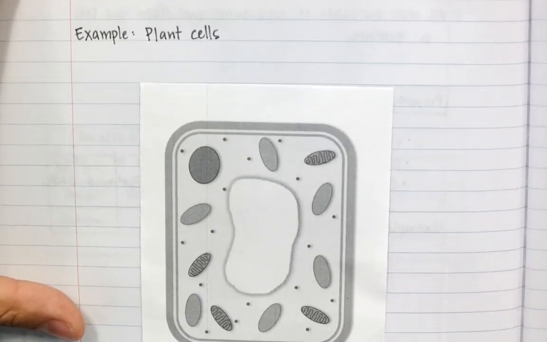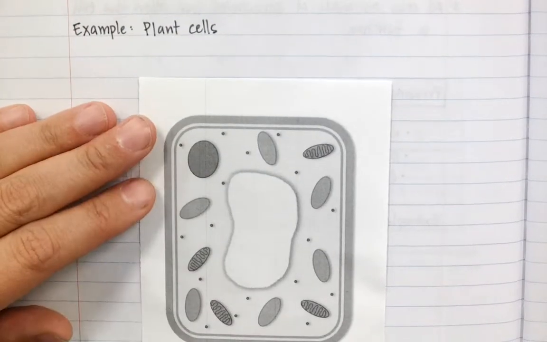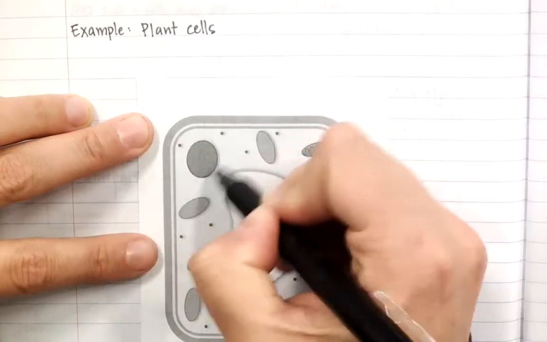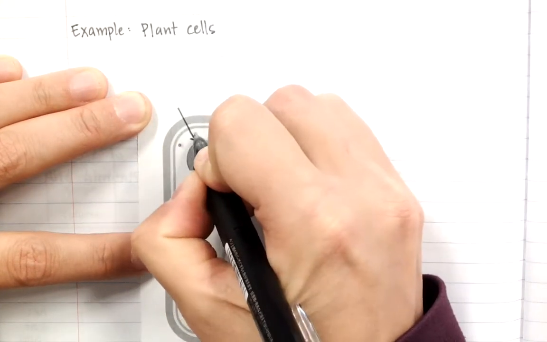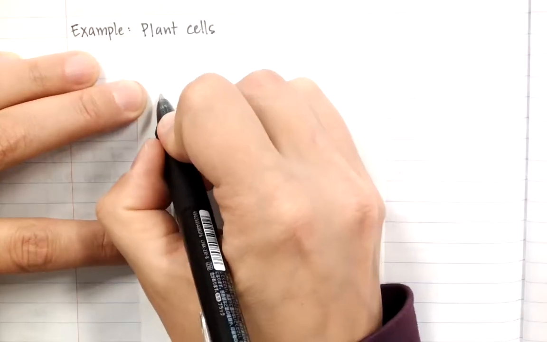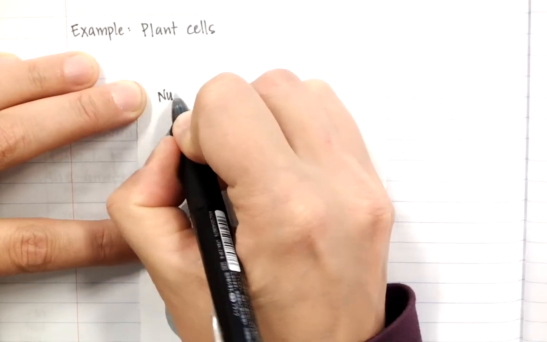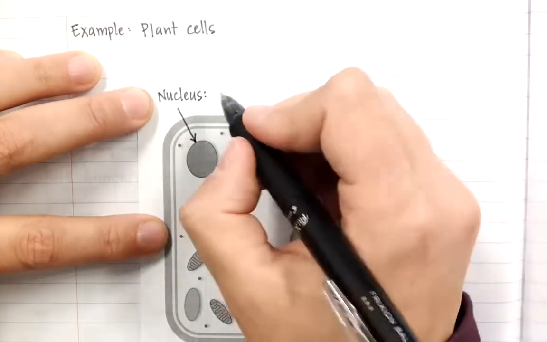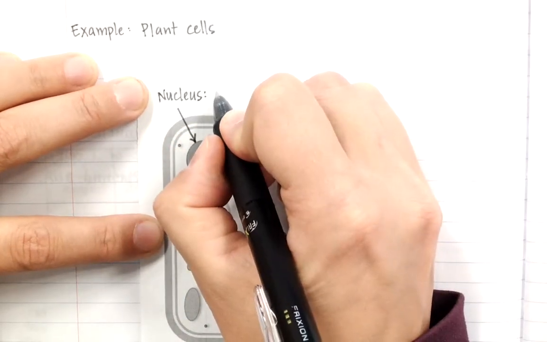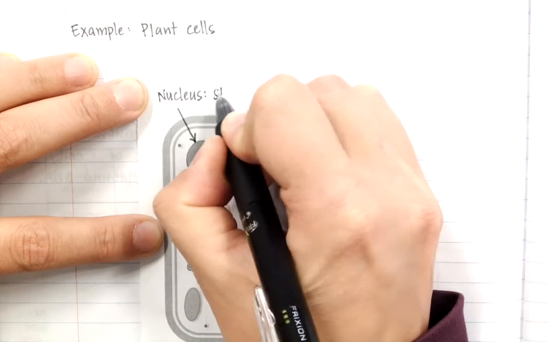All right, let's label this thing. So first we're going to start with that weird circle thing. And that is the nucleus. And the whole job of the nucleus is that it contains DNA. So it stores the DNA.